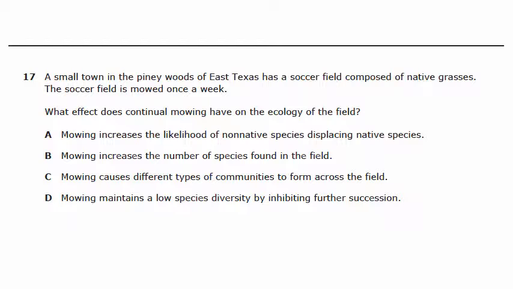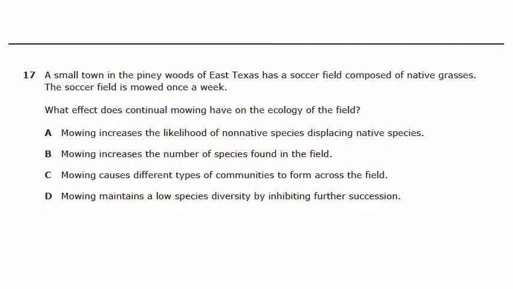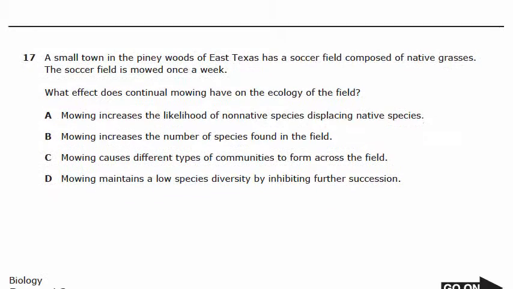B. Mowing increases the number of species found in the field. C. Mowing causes different types of communities to form across the field. D. Mowing maintains a low species diversity by inhibiting further succession.